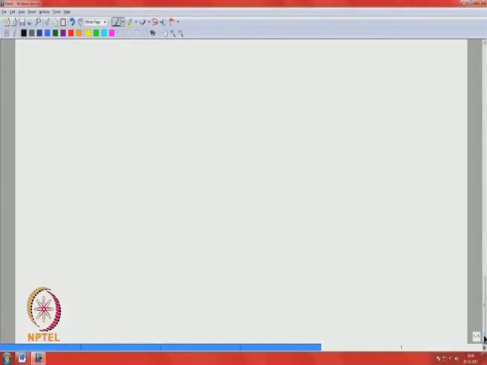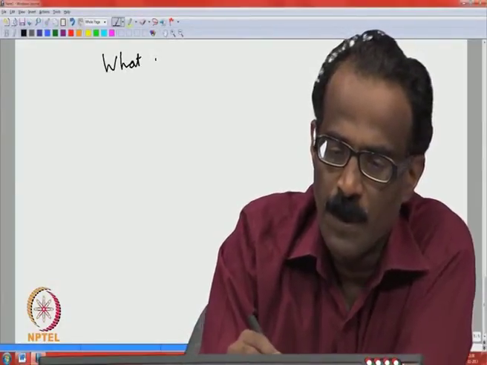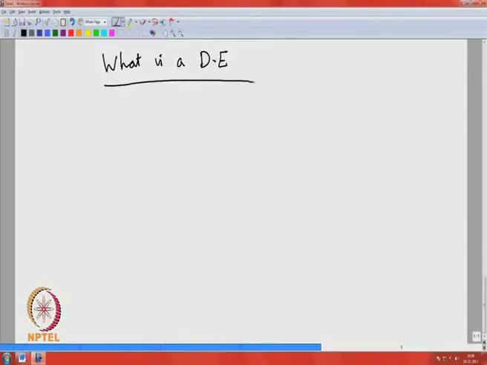So what is a differential equation basically? Formally, it is nothing but a relation. You will have an independent variable t, an unknown function which is a function of t, and its derivatives, depending on what type of problem.